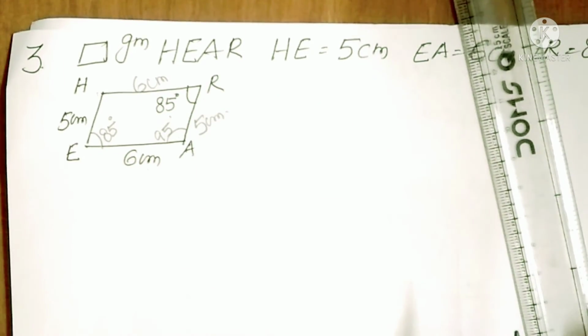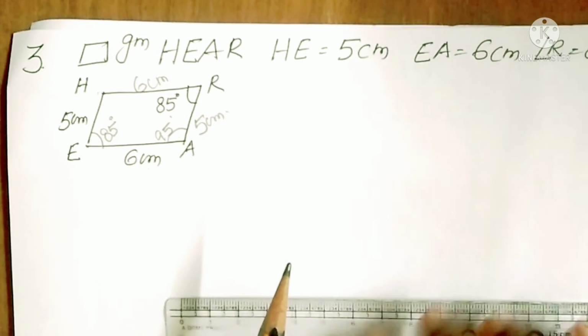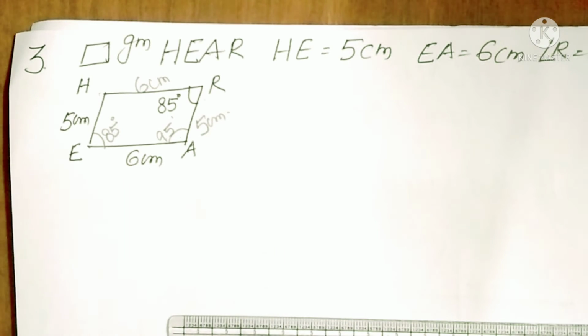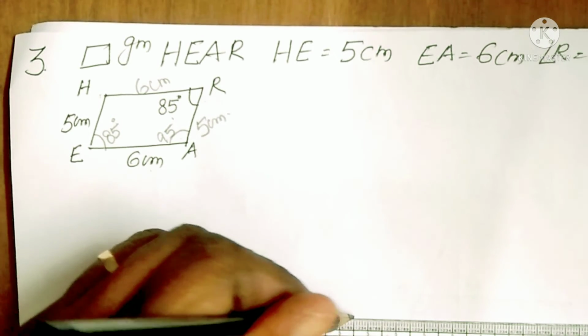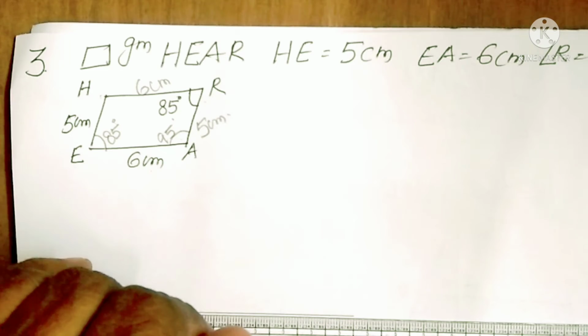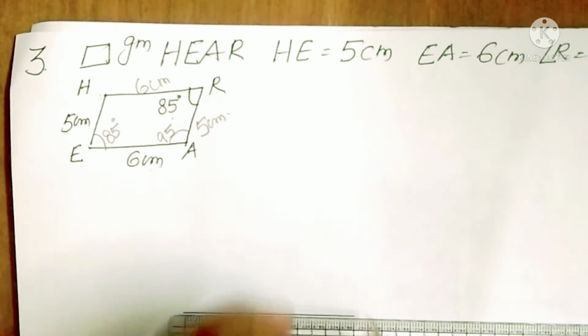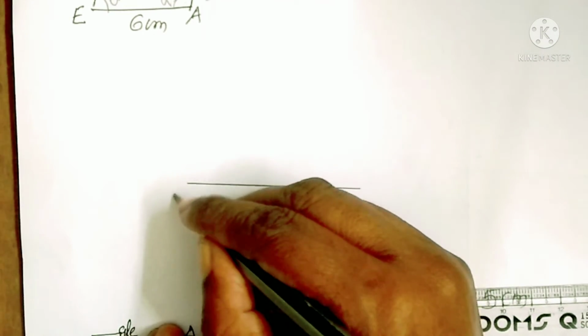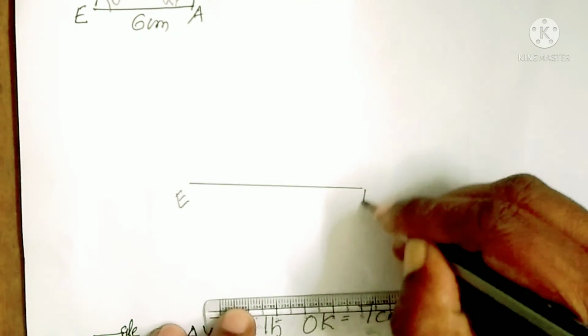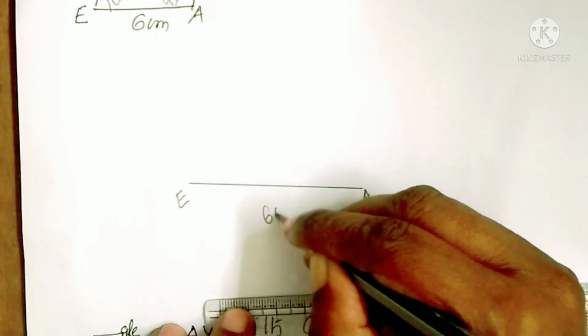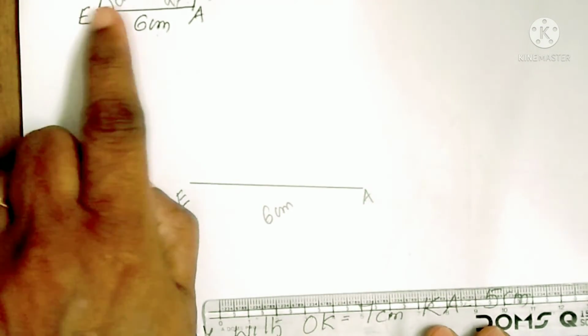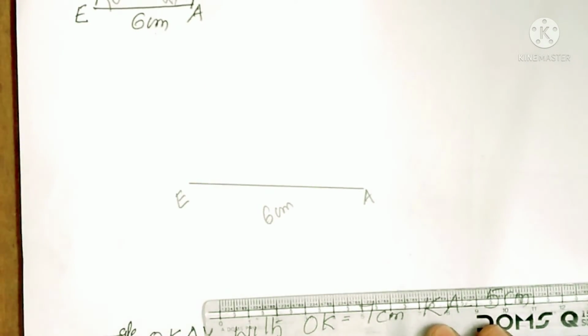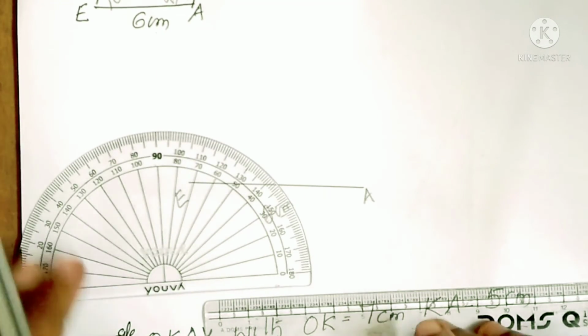So, now our work is very easy. How will you draw? First, draw a line segment of 6 centimeter. Okay. So, this is EA, 6 centimeter. Now, these two angles, 85 degree and 95 degree, we cannot make using compass.